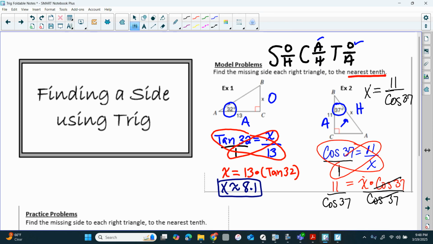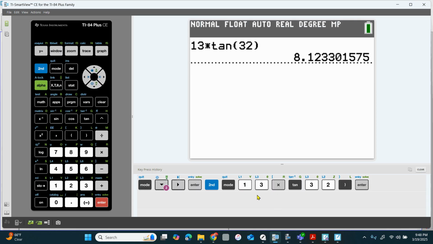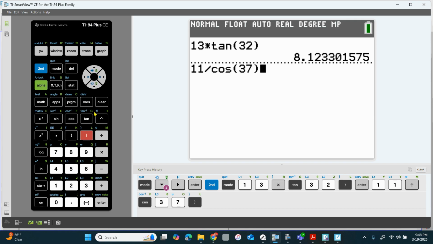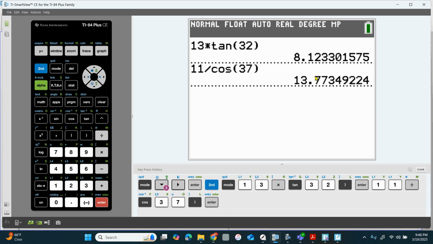Sorry about that. So we have to go to our calculator, and we have to do 11, then divided by the cosine 37. We're going to close the parentheses. I think you don't have to close the parentheses, so it'll work. Hit enter, and we're going to round to the nearest tenth.